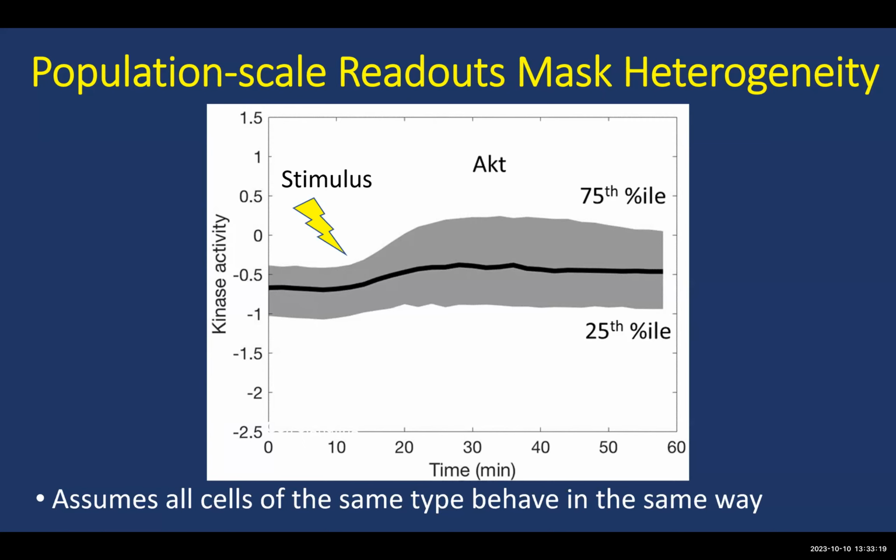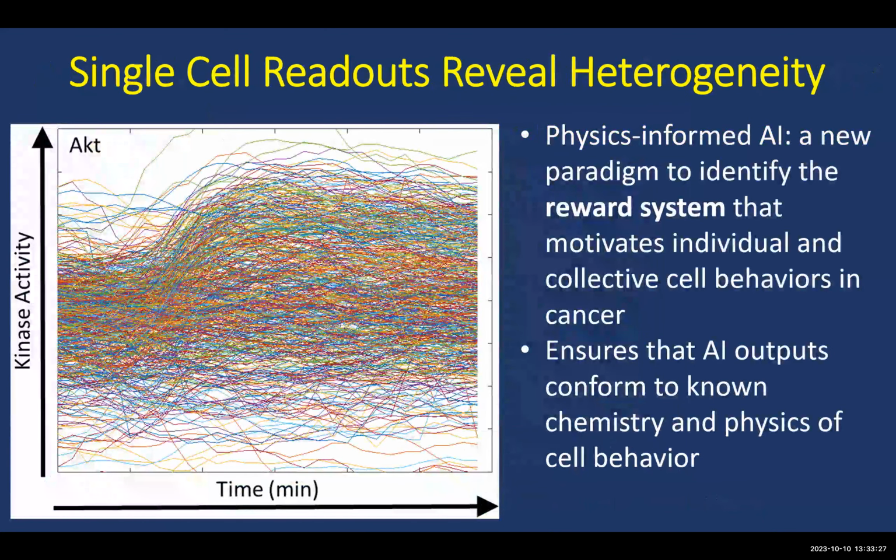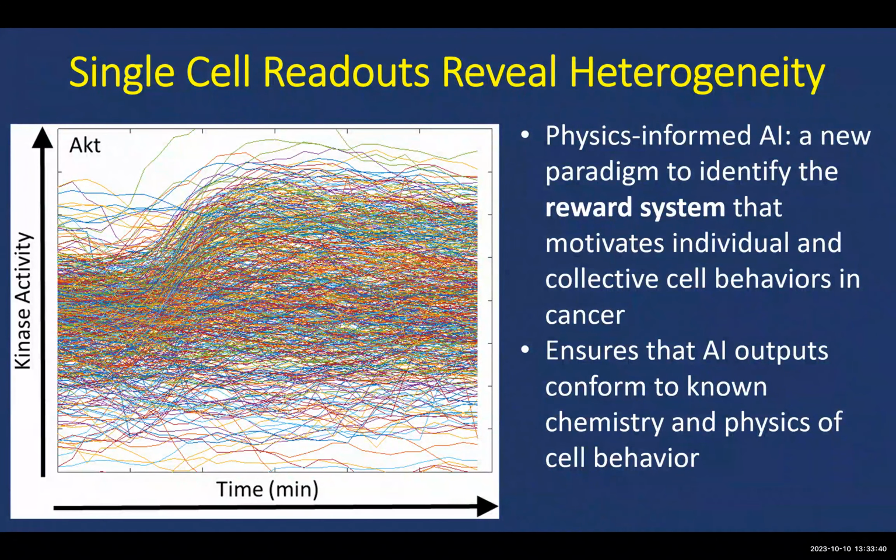But then let's take a look a little bit deeper. So I'm going to show you the same data, but now we're looking at them as single cells, okay? Now we have a much bigger problem. You can see cells along here. Some of them don't respond at all. Others respond incredibly well. Others seem not to actually drop their signal. So now we have a much bigger problem.